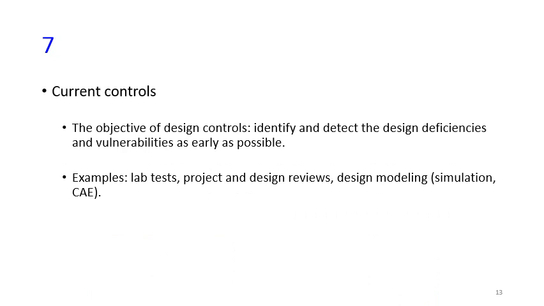In column 7, the designers talk about how much design control has been provided or thought about to anticipate the failure. So design control is when you have a design and you try to have a control over the design by trying to identify and detect the design deficiencies and vulnerabilities as early as possible.